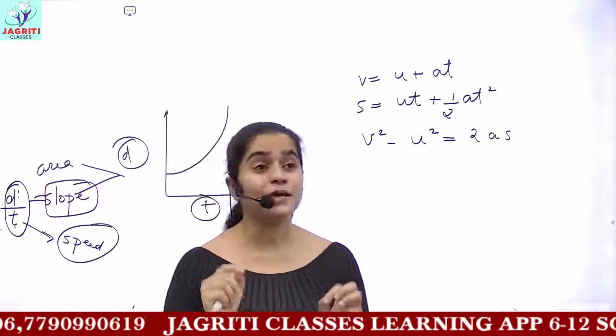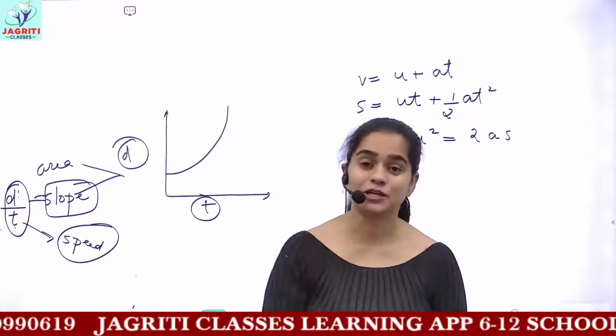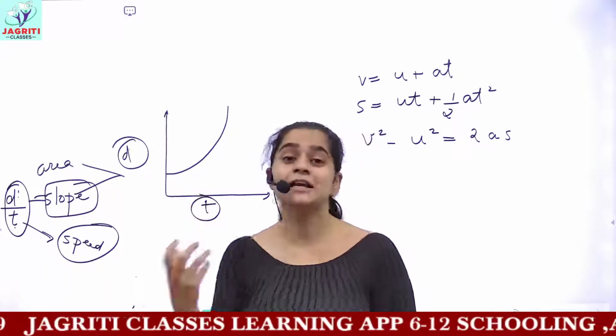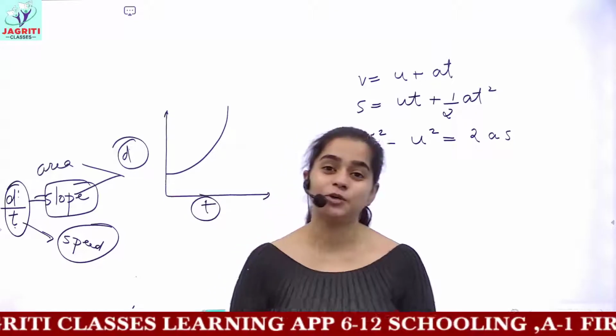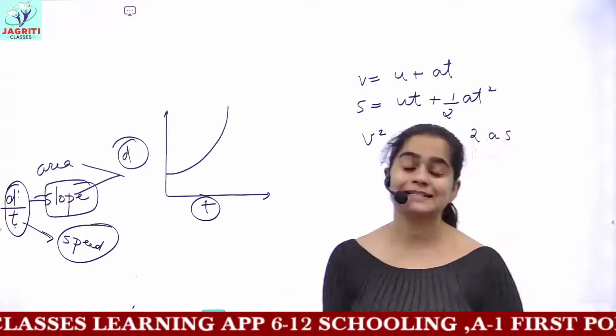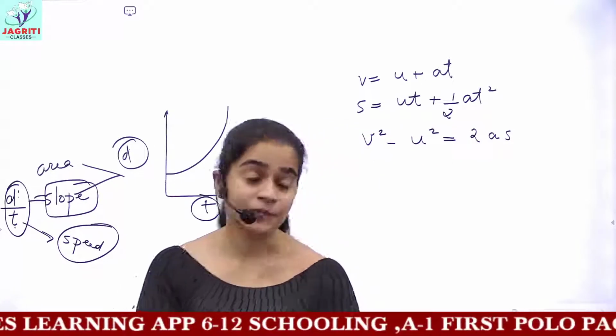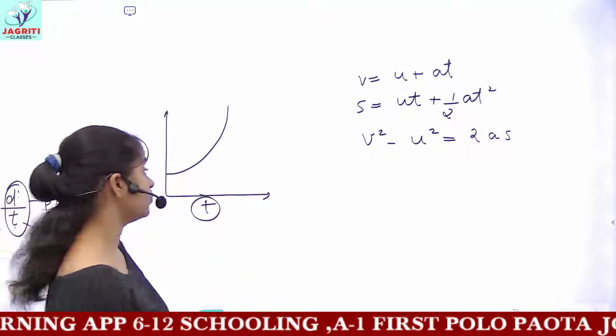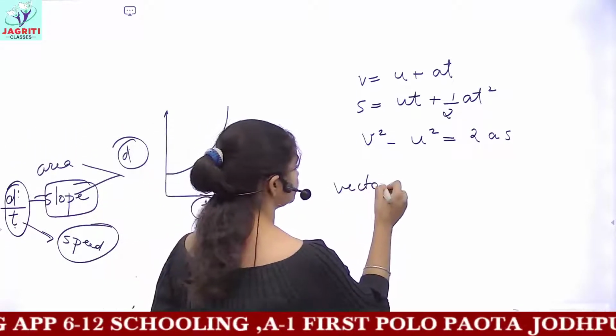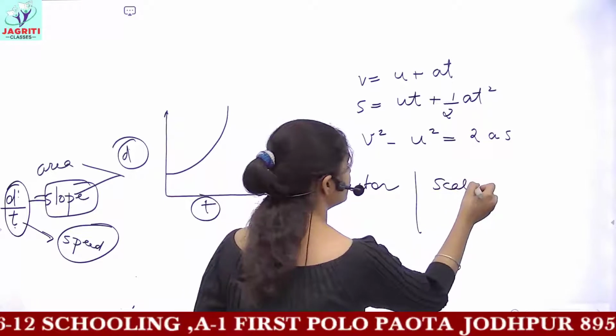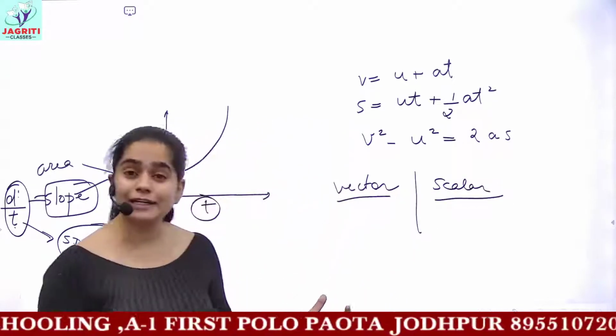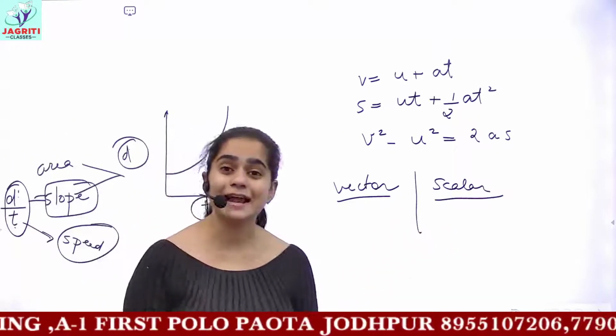We have also practiced many numericals based on the concepts, and some reasoning questions I have told you simultaneously when we were discussing speed, velocity, acceleration. Then we also discussed vector quantities and scalar quantities. All physical quantities can be divided into two, scalar and vector.